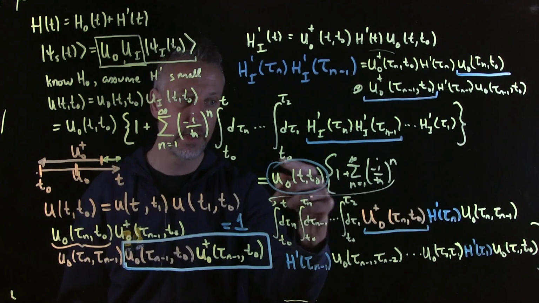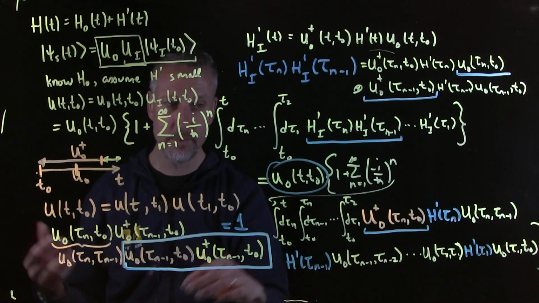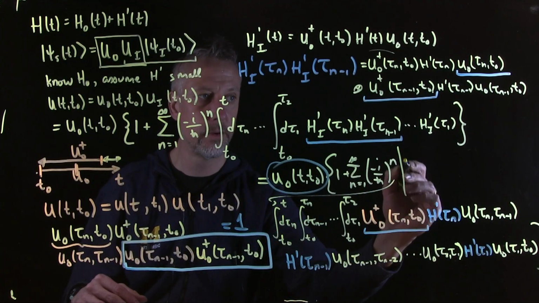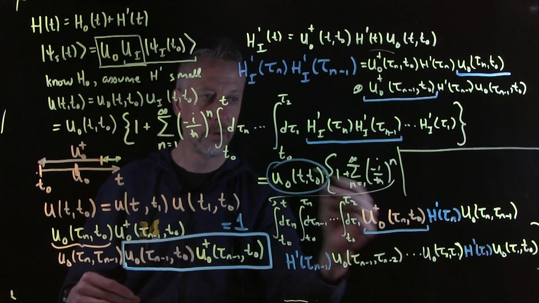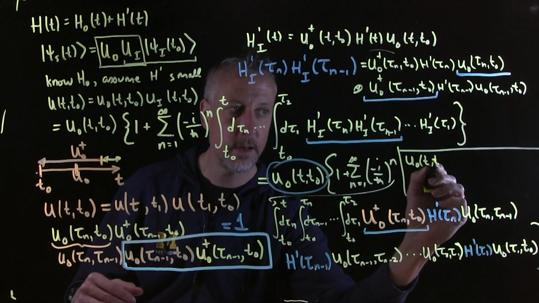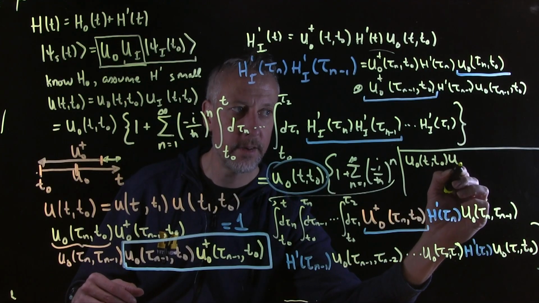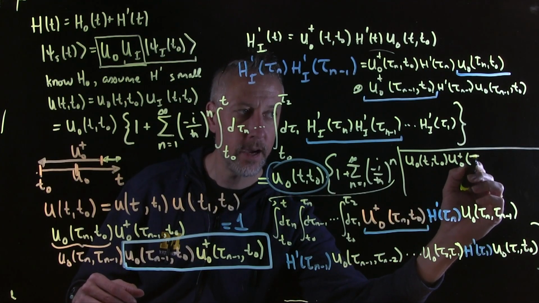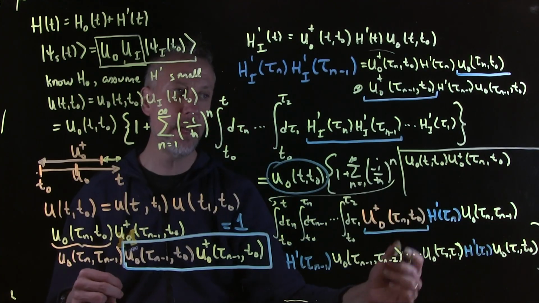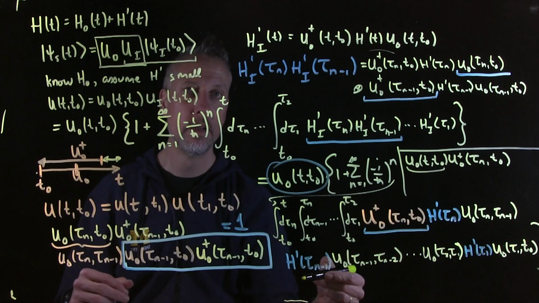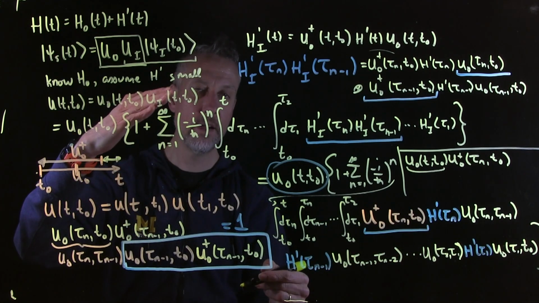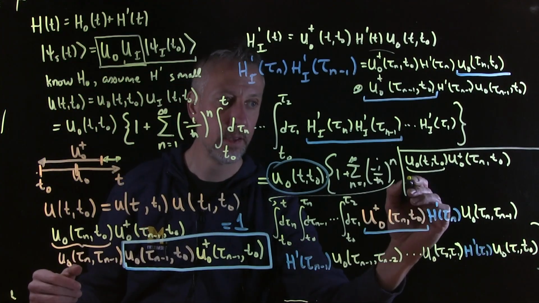Well, what happens when we bring this term into the integral? Look what's going to happen. We have another one of these convenient tricks of the U dagger thing. So we bring it in, we have U naught t naught, U naught dagger, tau n t naught. We'll do the same thing and break this one up into evolution from t naught up to tau n, and then from tau n to t.